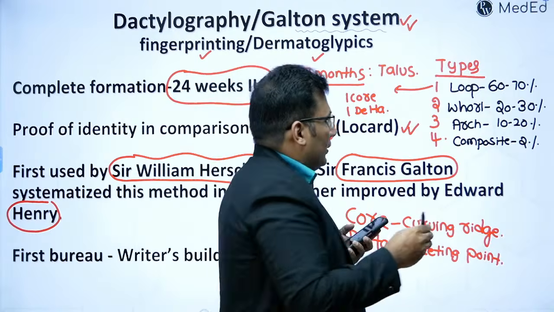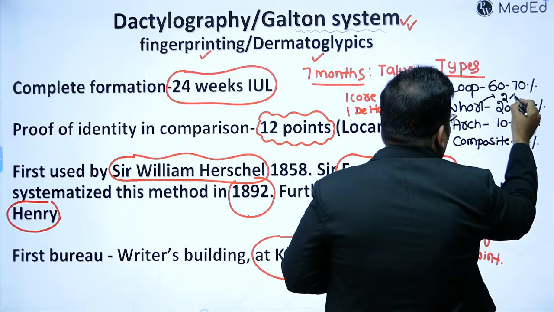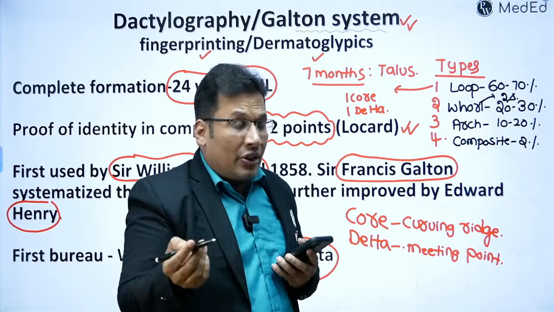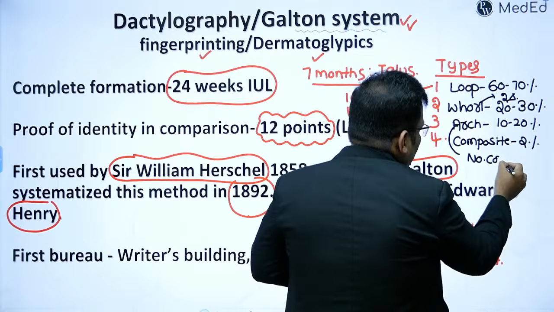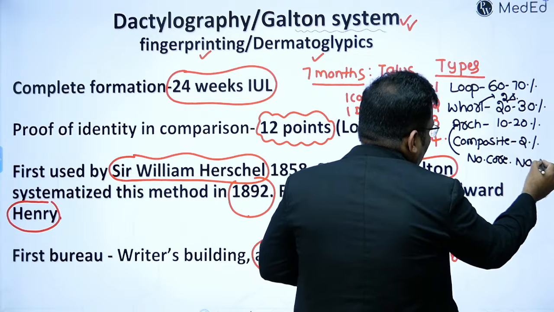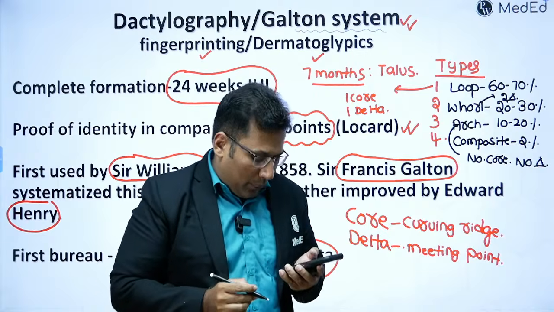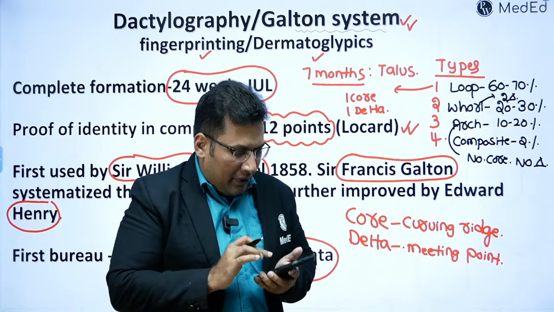In Whorl you will see two delta. In arch, no core, no delta. So very important MCQ.